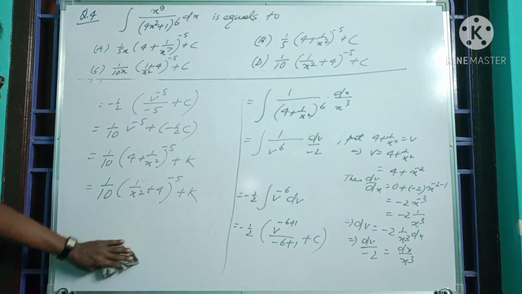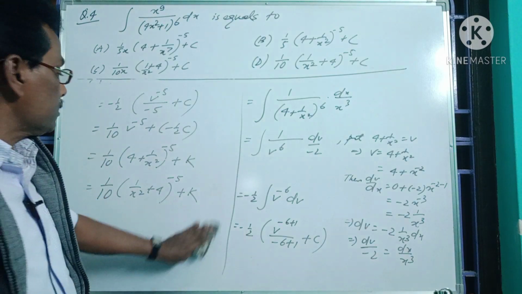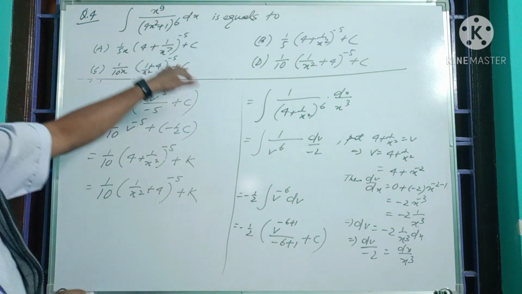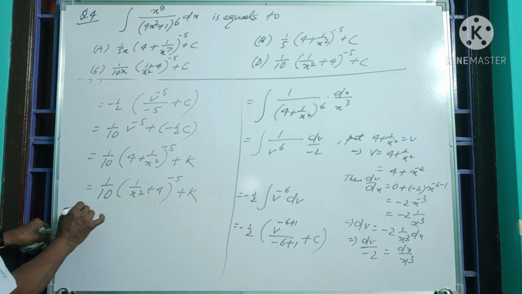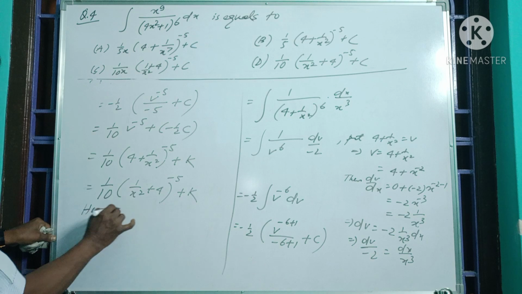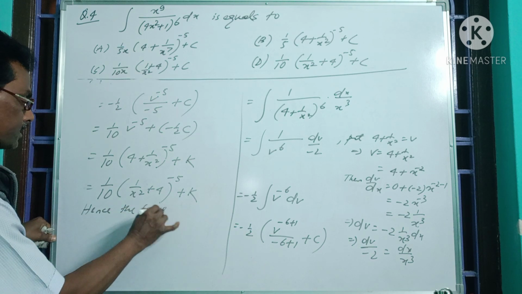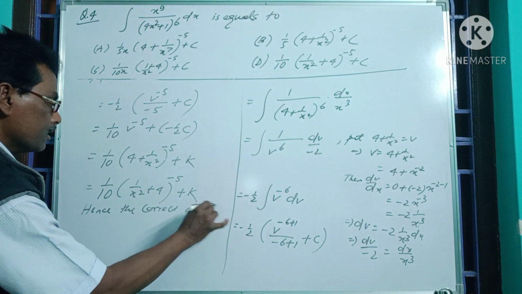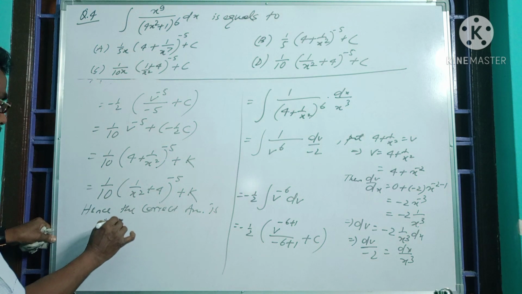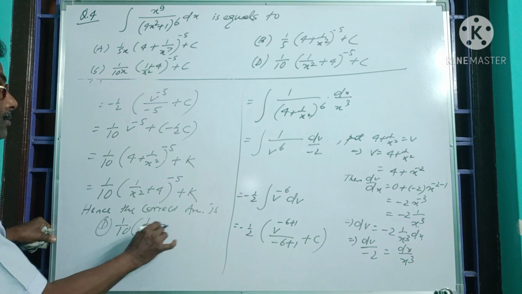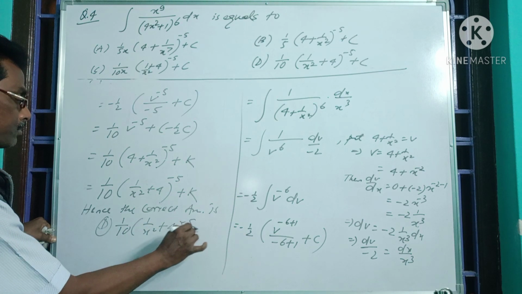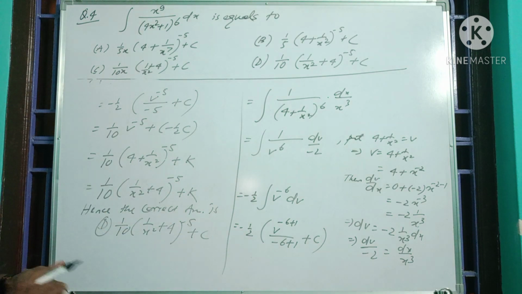Hence we completed the integration and we have the correct choice, that is D, the correct answer. So the correct answer is D, which is 1 by 10 into 1 by x square plus 4 to the power minus 5 plus c. Hence the result is completed.